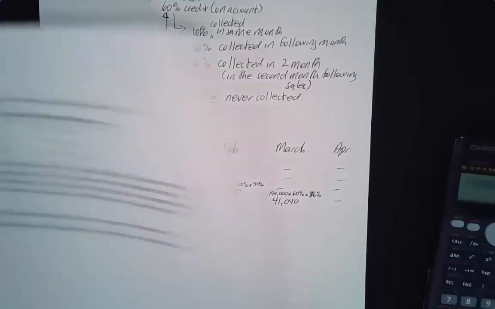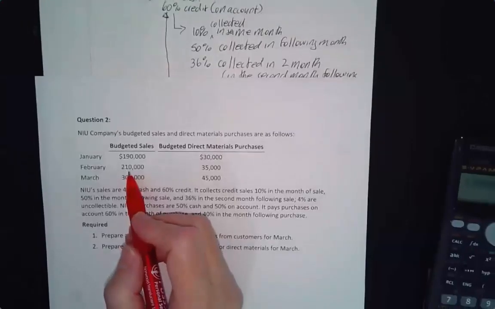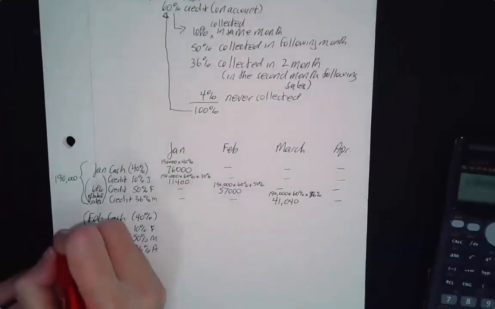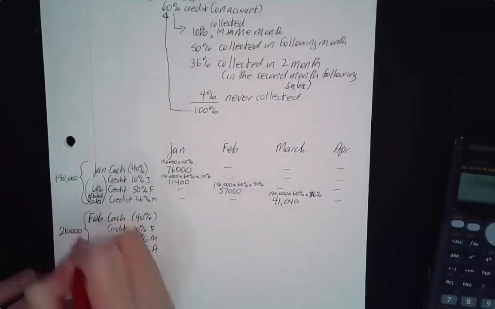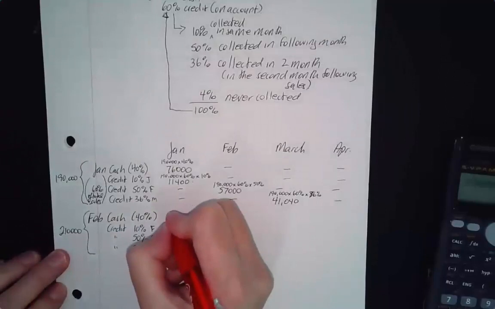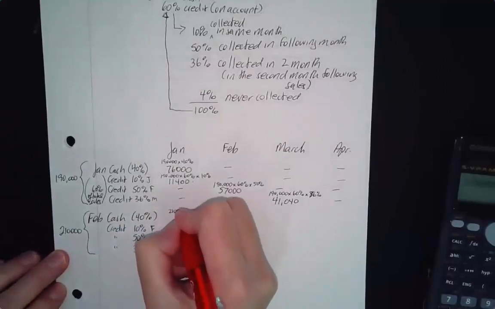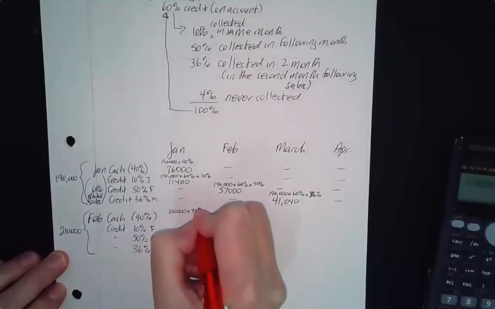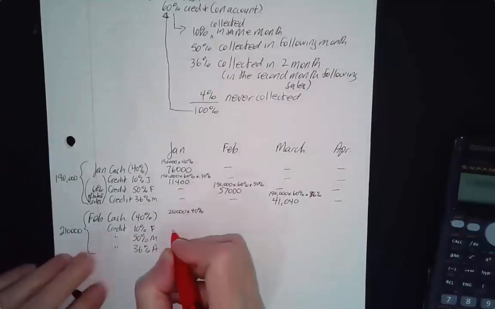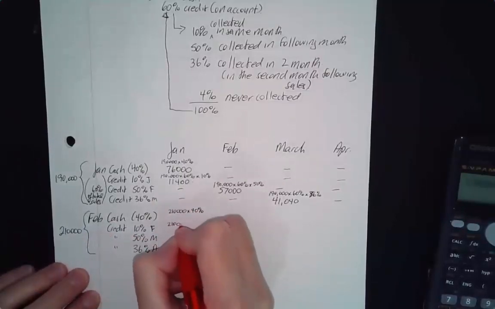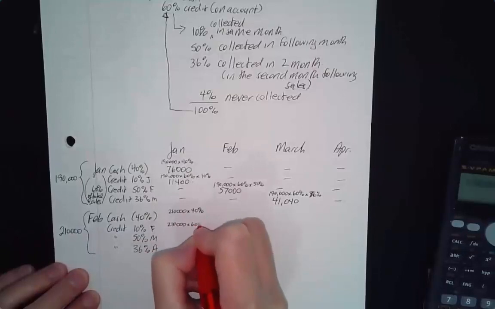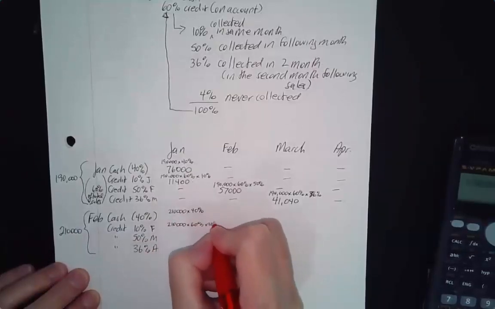All of these sales are sitting at 210,000. So I'm going to do 210,000 times 40%. Over here, I'm going to do 210,000 times 60%, right? Because these two together are 100%, multiplied by 10%.